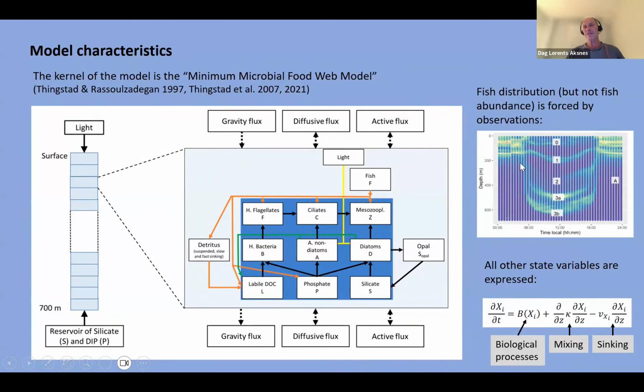And the fish migration is forced, which means that it is driven by the observations. So we don't model the migration dynamically. It's actually a forcing of the model. But the fish abundance is not forced. That is computed from the model.